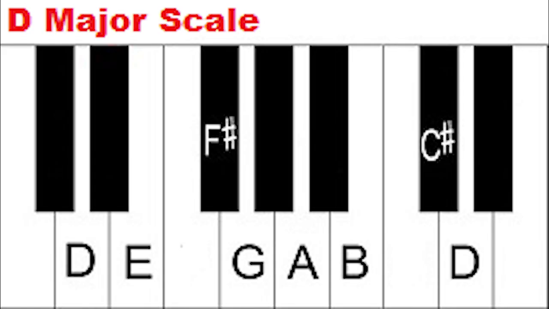That's right, it's D. The cool thing is, if you create a major scale starting from D, that scale contains 2 sharps. If you continue this pattern, more and more sharps will be added to these scales until you get to the F sharp major scale.